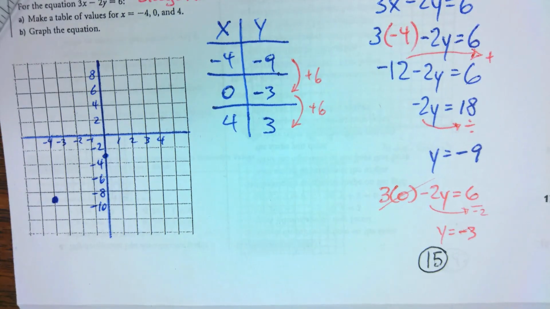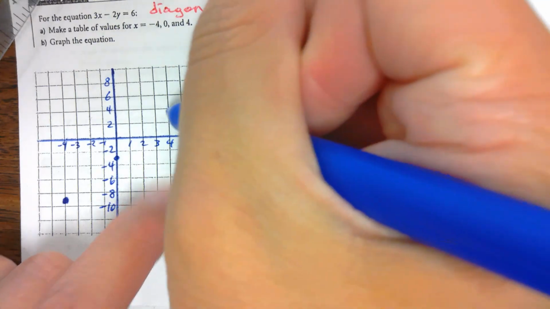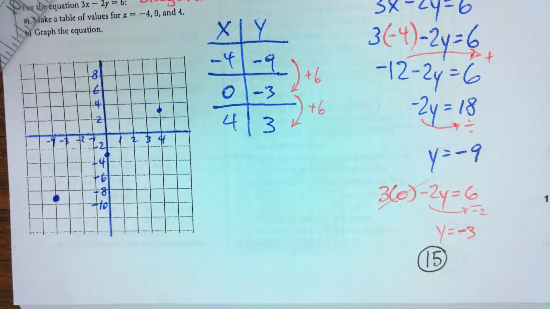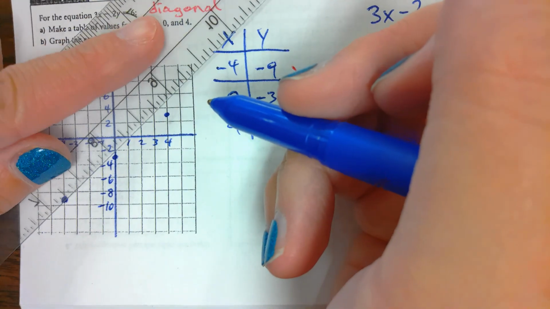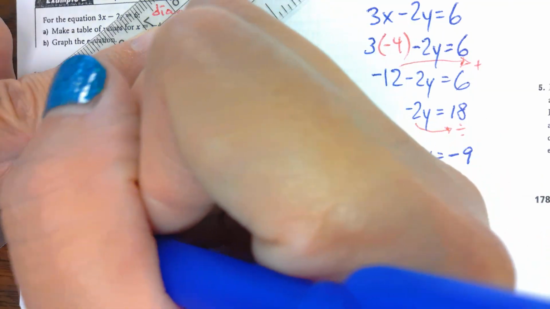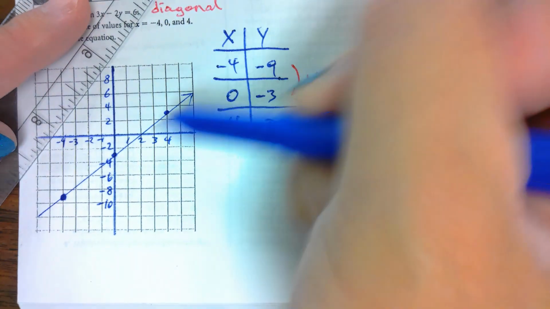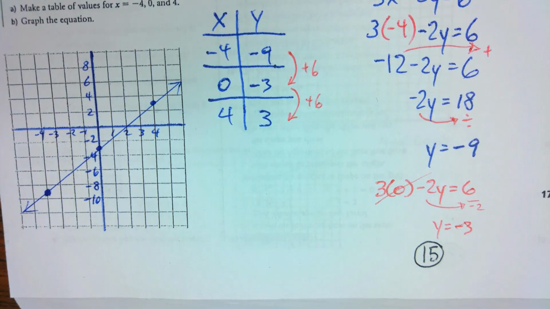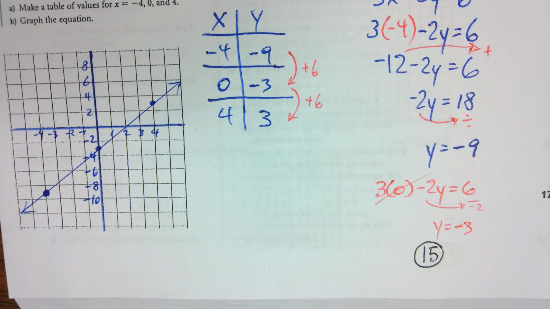I plotted a little too low. I plotted at 4, 2. So 4, 3 is actually here. And now when I draw my line, I can see that they do line up now in a line. Still a little off, but you get the point.